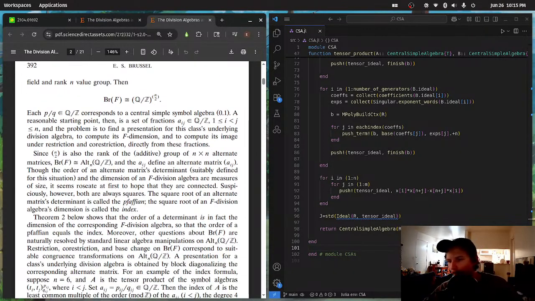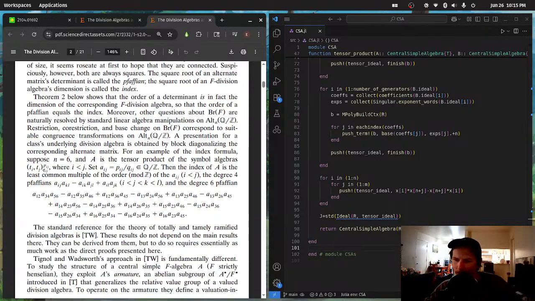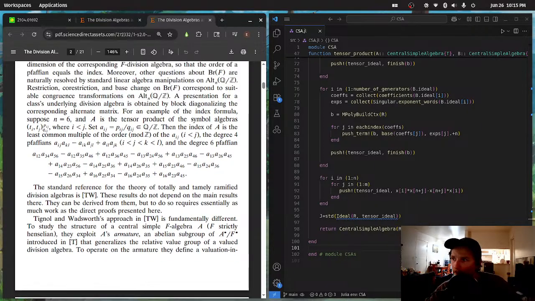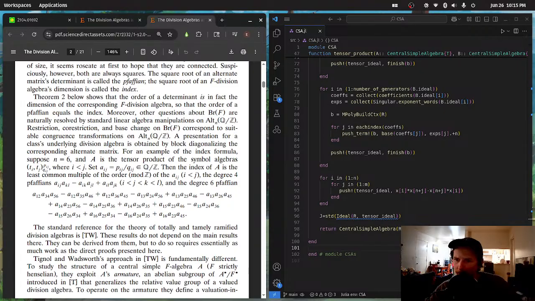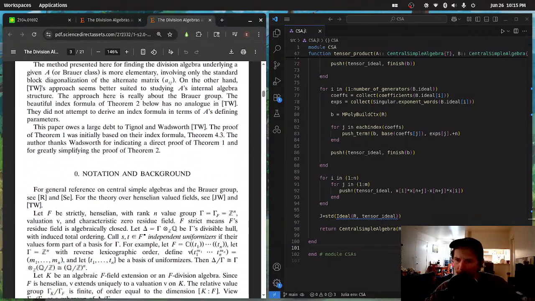So there's some amount of questions about, okay, linear algebra over Q mod Z, how computable is that? But it is promising to some extent. So I guess the next step is to read this and figure out whether or not it's possible.